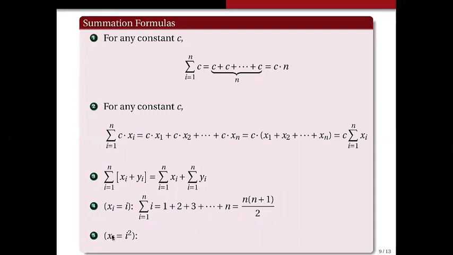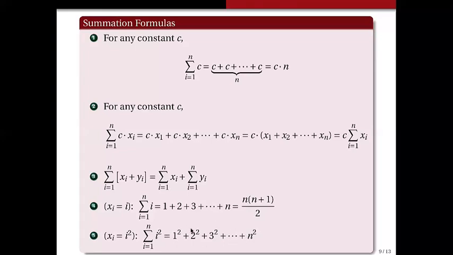What if your x sub i is equal to i squared? So you have the sum of i squared, i from 1 up to n. This means that you will have 1 squared plus 2 squared plus 3 squared until you have plus n squared.